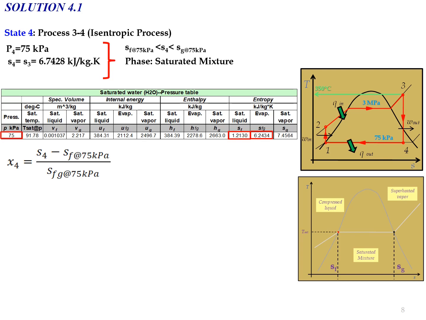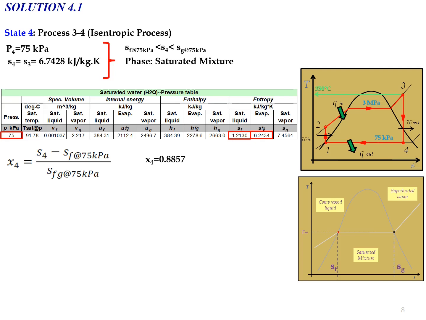Okay, if we substitute the values, we obtain X equal to 0.8857, which is equal to 88.57%. The water consists of 88.57% vapor and the rest is still in liquid form.